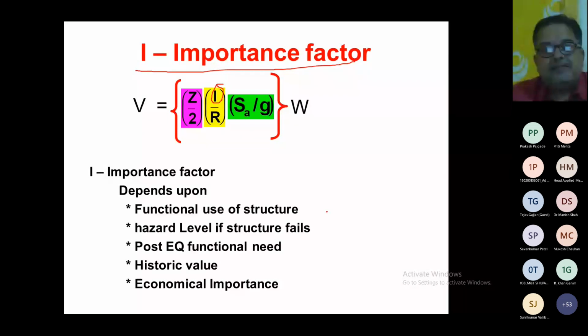And therefore, we have to design this hospital building in such a way that it should remain functional after an earthquake. It means we are designing for the higher earthquake force. For example, we are talking about historical value. We have a heritage structure like the Taj Mahal. When we talk about the Taj Mahal, then definitely we are not designing for 50 years or 100 years.